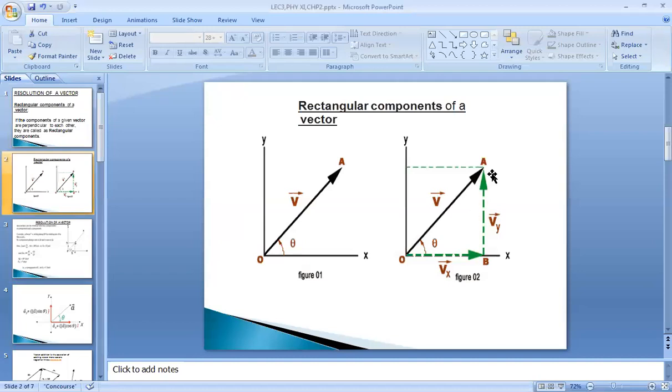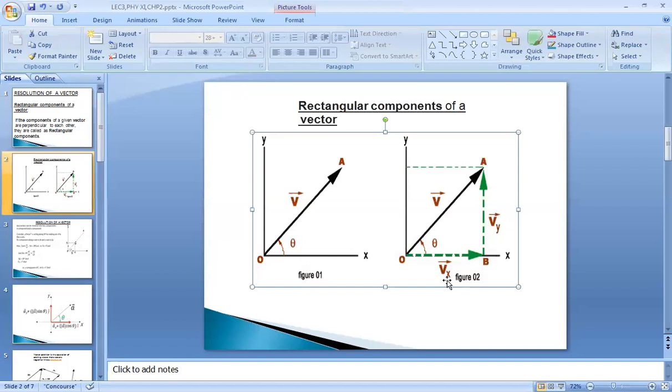Simply, a perpendicular is drawn from point A to point B on the x-axis, so that it breaks into two components. The component of V which is parallel to the x-axis is represented by Vx, and is called the horizontal component. The component of V parallel to the y-axis is represented by Vy, and is called the vertical component.